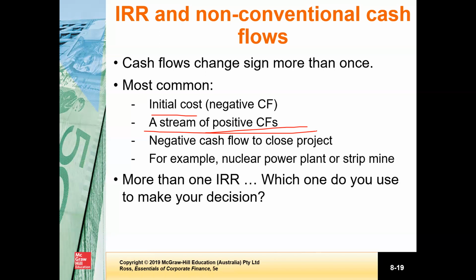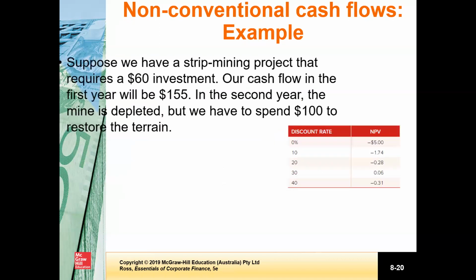For example, in any particular year, if you need to spend a lot of money for maintenance or overhauling a project, then you may have a negative cash flow during the life of the project. And this is the non-conventional cash flow. If there is non-conventional cash flow, the problem we find is we may have more than one IRR.